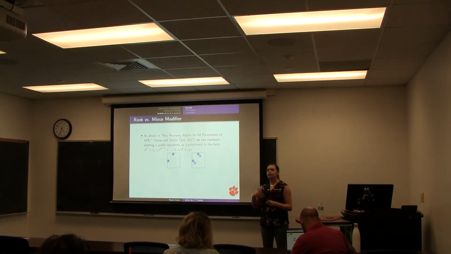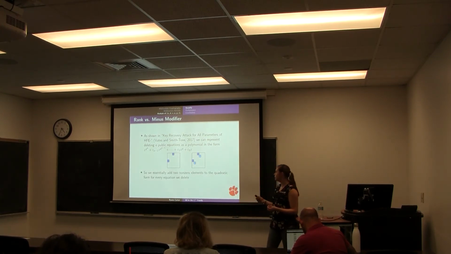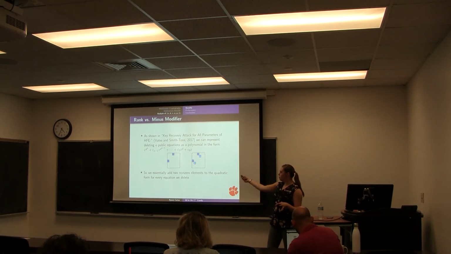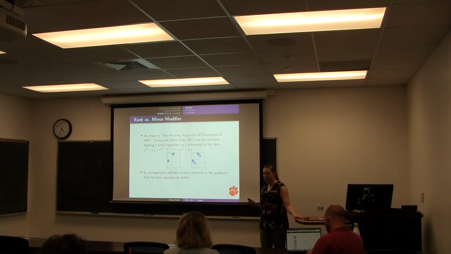So once I delete one equation, I'm going to be adding two non-zero elements to my quadratic form. And so we essentially add two non-zero elements to the quadratic form for every equation that we delete. All right, well that sounds a little bit cleaner than that ceiling function that I showed you moments ago.